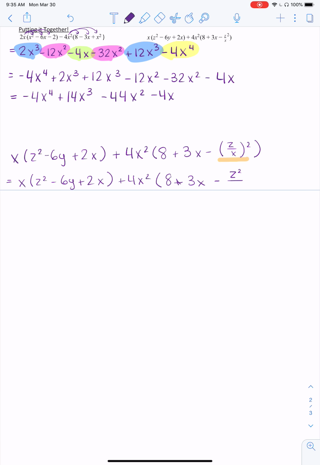So we'll have z squared all over x squared. And now we can start multiplying in these numbers here. So x times z squared will give us xz squared minus 6xy plus 2x squared.